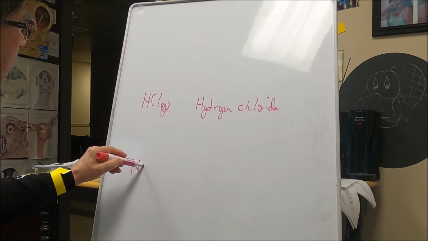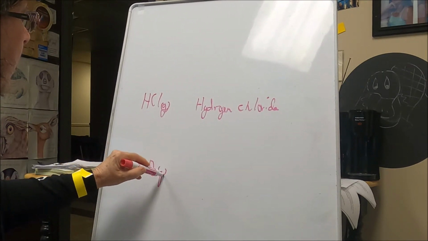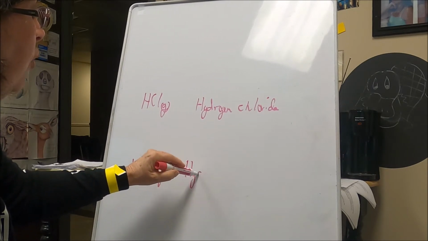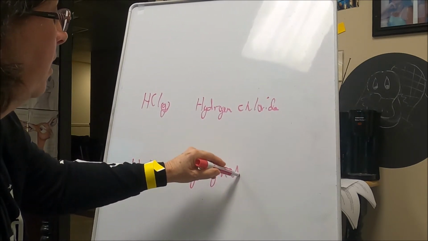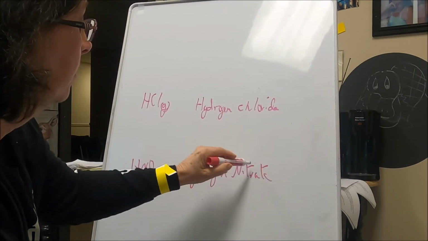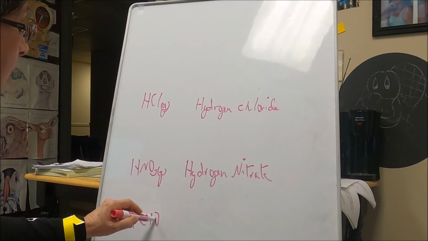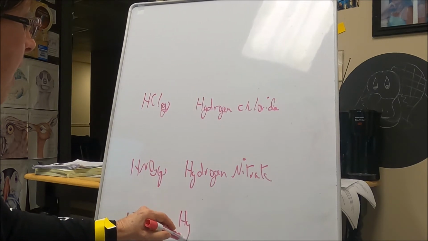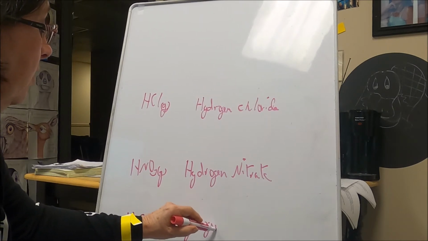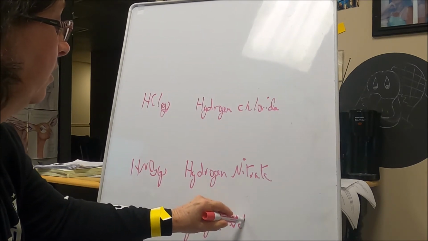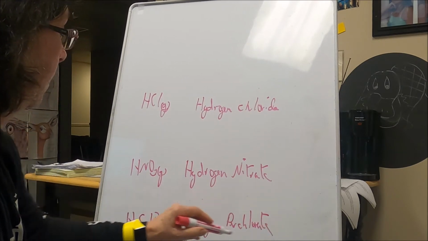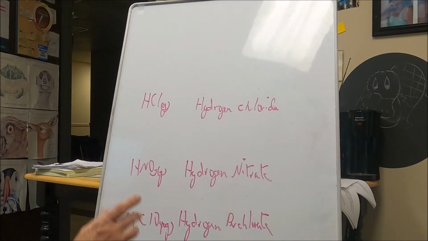Okay, if I have HNO3 gas, this would be hydrogen nitrate. Okay, if I have HClO4, it would be hydrogen perchlorate, if it was a gas. So if you have the pure acid, it's going to be named as if it were a salt.